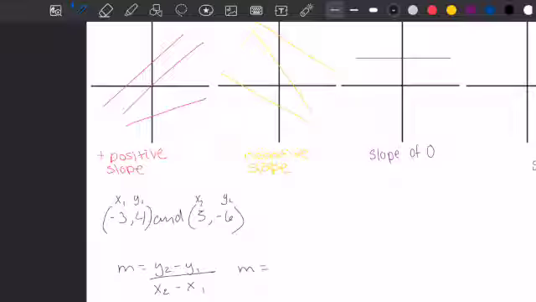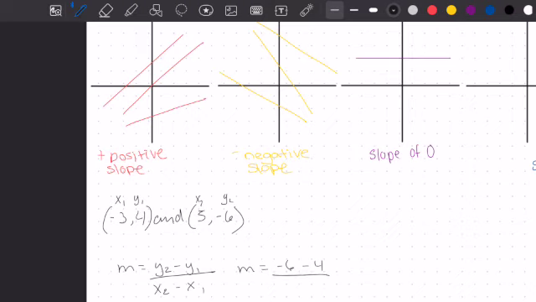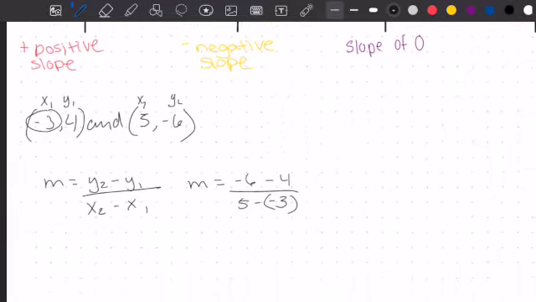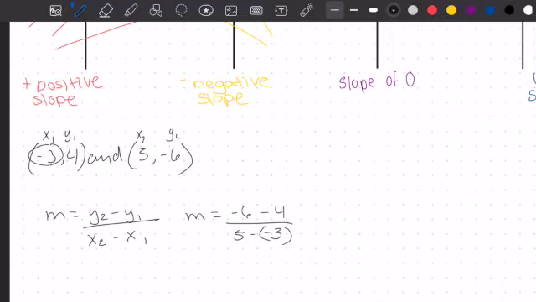So my slope of a line is going to be equal to my y2, which is -6 minus 4, over my x2, which is 5 minus -3. So don't forget to keep those negatives from our original numbers in our slope of a line equation. So -6 minus 4 is -10.